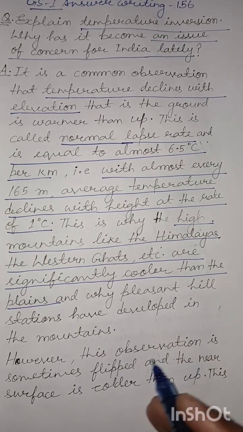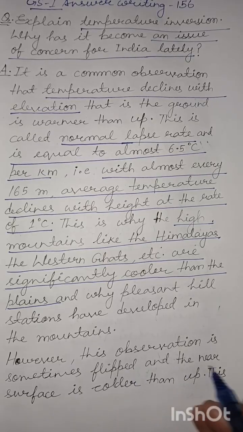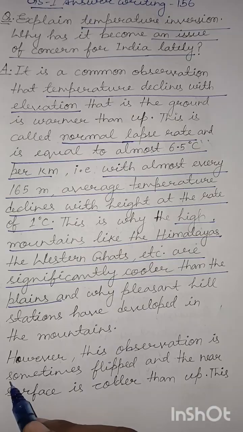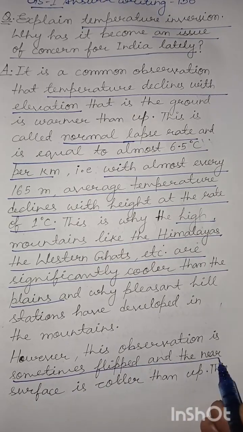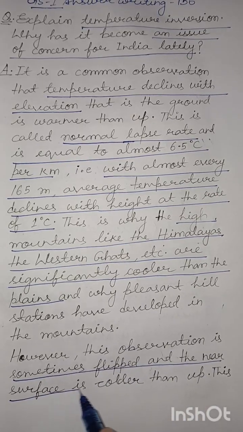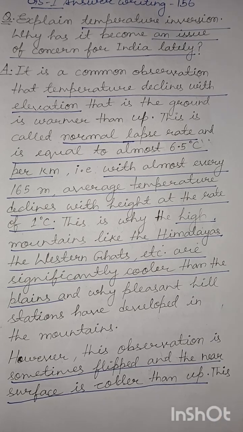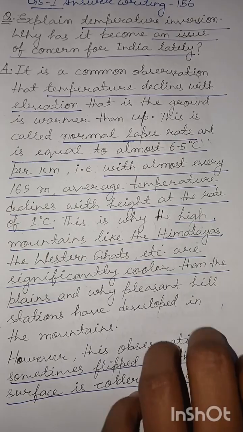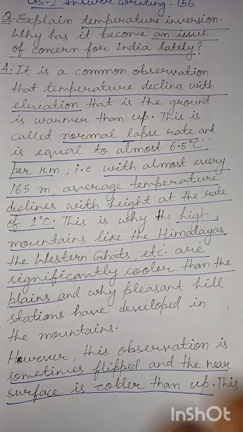However, this observation is sometimes flipped, that is, it is reversed, and the near surface is cooler than above. That is, the air layer near the surface is significantly cooler than the air layer above. This is referred to as temperature inversion.